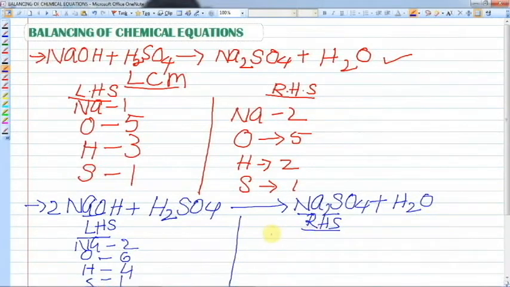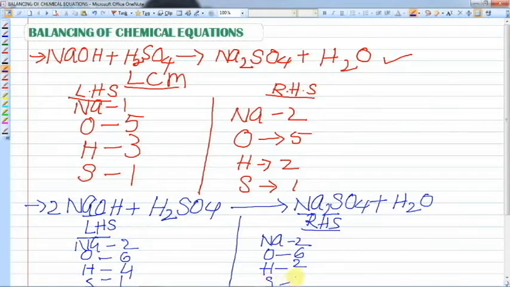Now on the right hand side, sodium atoms are 2, and oxygen atoms 4 plus 2, 6. Okay, oxygen atoms are balanced. Hydrogen atoms here are only 2, and sulfur atoms are 1.